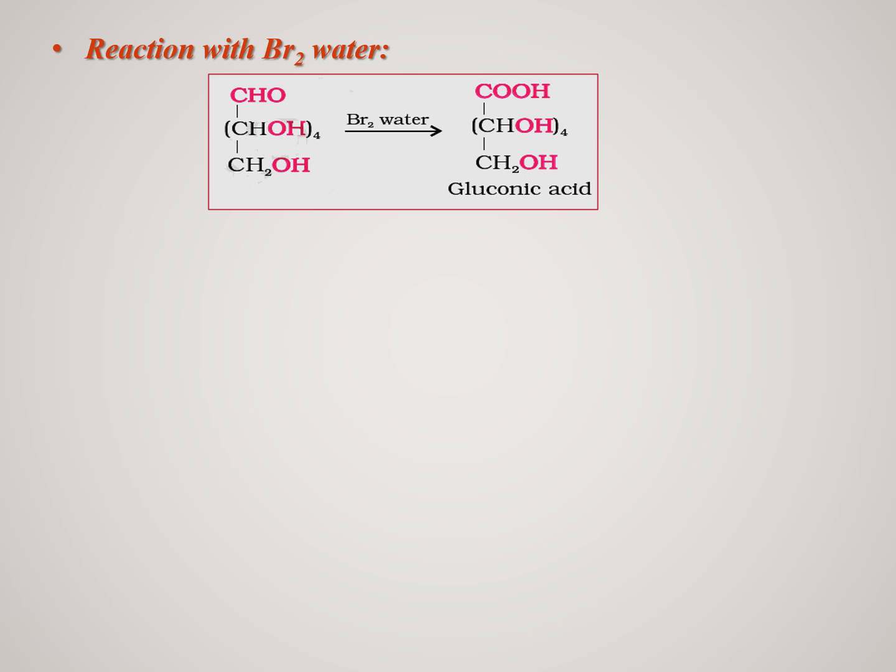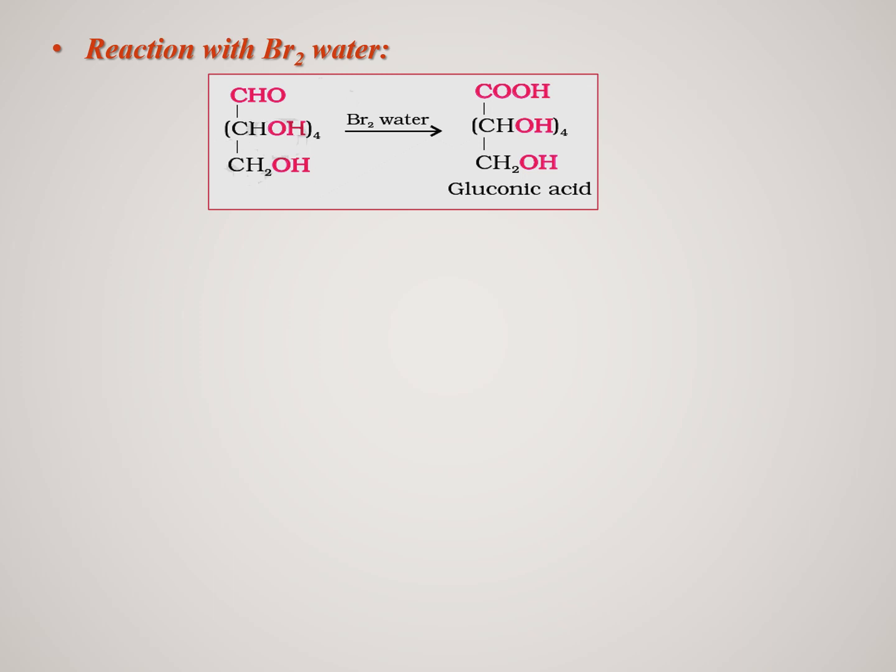That means there should definitely be an aldehyde in glucose, because if you observe, the total number of carbon atoms in glucose remains 6. Count: this is 1, here there are 4, and here there is one more. That is altogether 6.